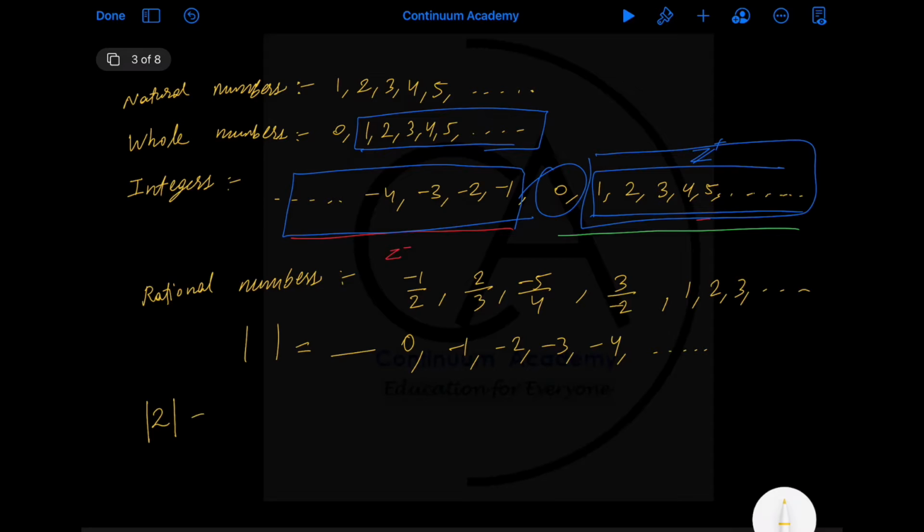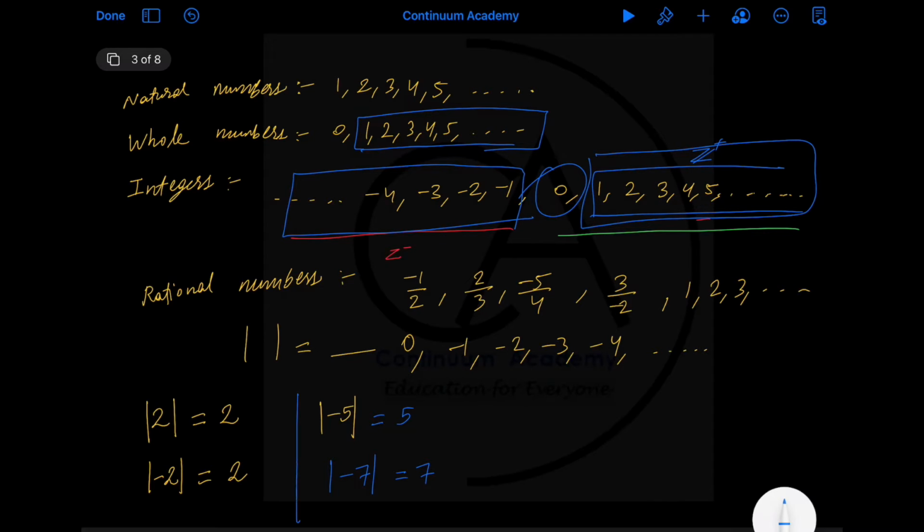If you put 2, a positive number, you will get 2 as the answer. If you put minus 2, a negative number, inside this pillar, you will get the positive number only. Say you put minus 5, you pronounce this as mod of minus 5. Mod of minus 5 is 5. Mod of minus 7 will be 7. Negative numbers are converted to positive, and positive numbers stay positive.